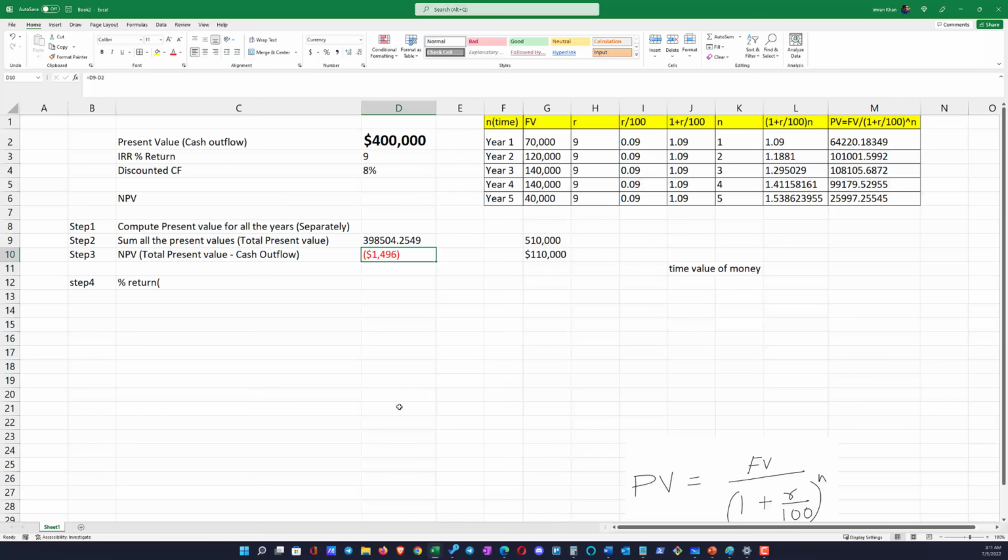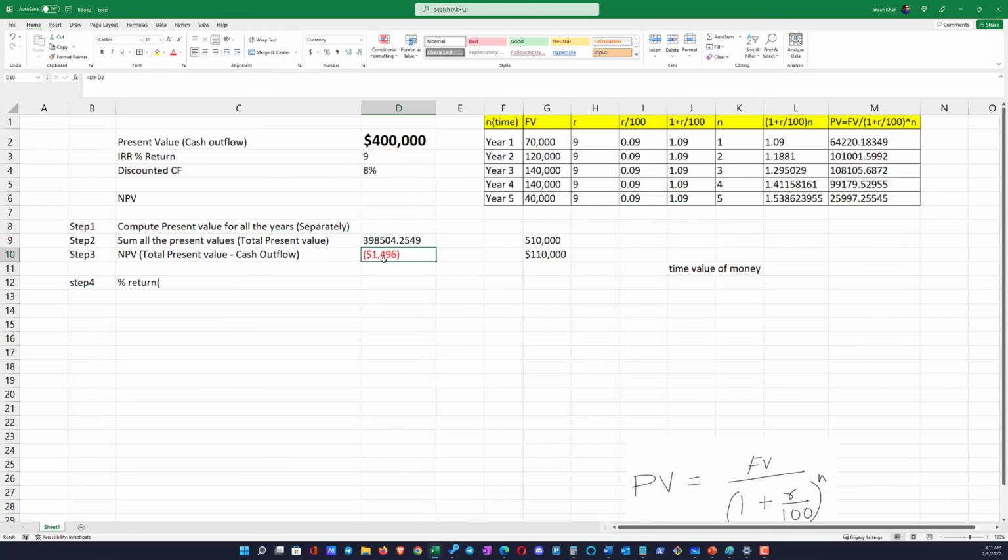The value is going to change because it is pointing to this particular cell, and it's going to compute the present values for all these numbers using 9 as the rate of interest. You see this red, right?